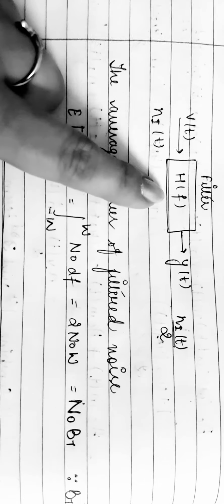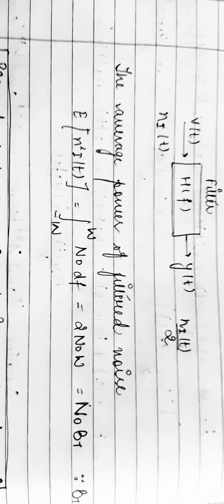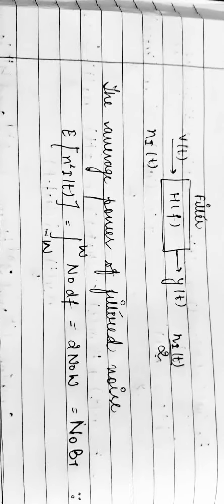Now let us consider your LPF in the frequency domain. Here we have used a frequency response denoted by H(f). Here we have an input v(t). Now we will consider only the in-phase components at the input as well as the output side.